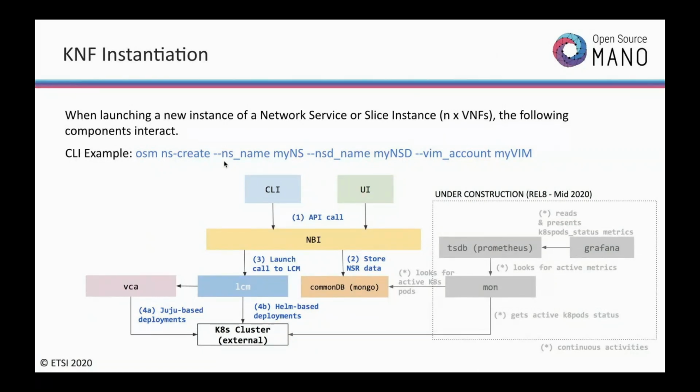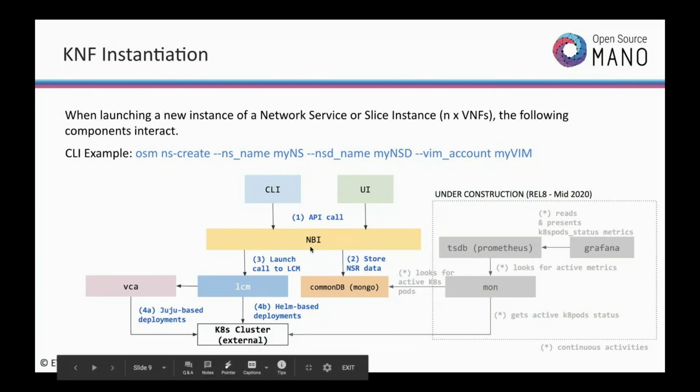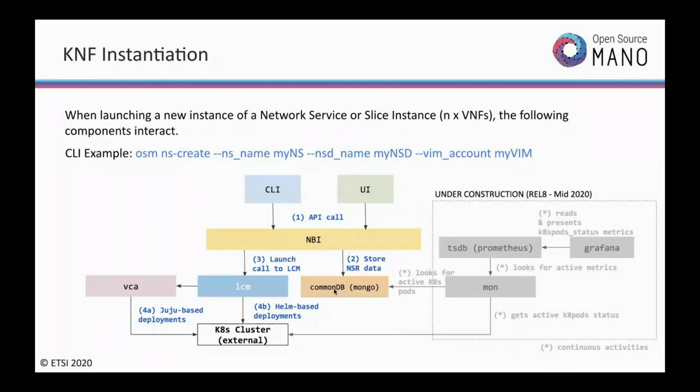When you launch a network service that is modeled for being deployed in Kubernetes, similar things happen compared to the VNF, but it first stores the network service instance information in the common DB, but then it starts the lifecycle management through different components that are not RO.